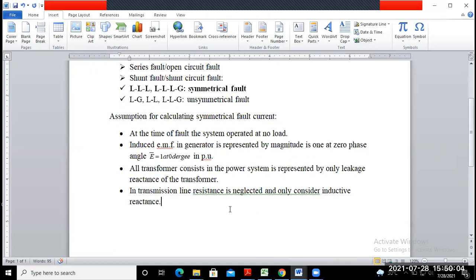So the balanced nature of fault current makes the symmetrical fault current calculation easy.